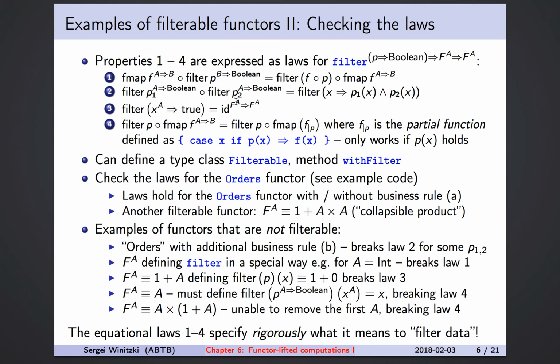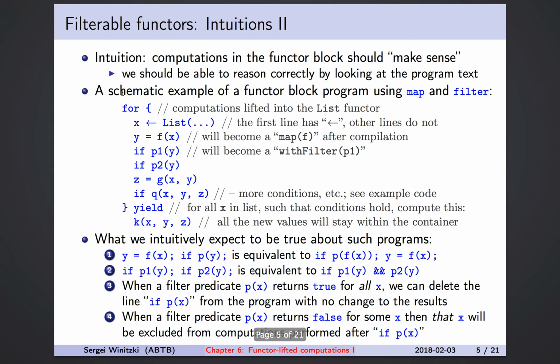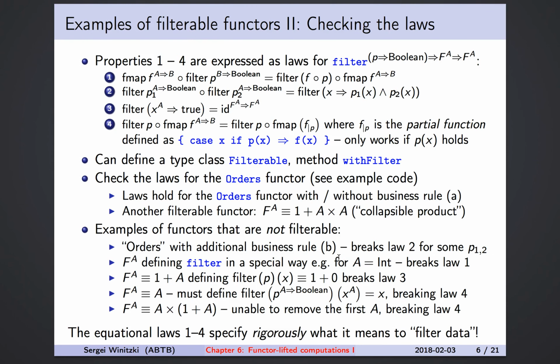Let's look at the second law now. The second law represents this requirement that if we have two conditions next to each other, then we can replace them by a single condition that is the conjunction of these two. Mathematically, we can say that the filter transformation, so think about filter P as a single symbol, just like fmap f is a single value that transforms the functor values fa to fb.